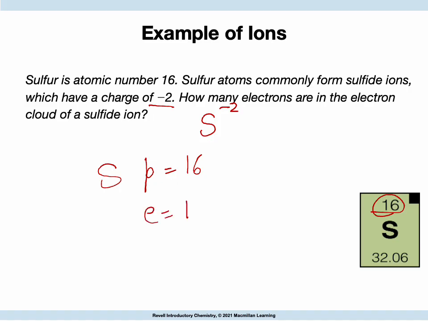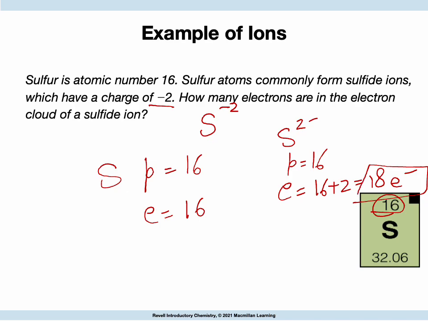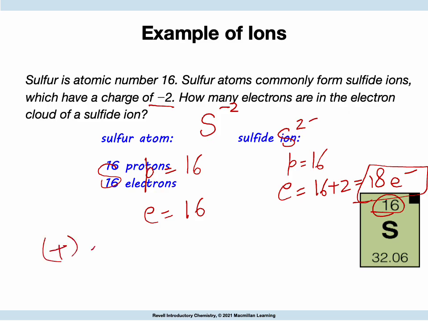Number of electrons would also be 16 because it has no charge, but because it is S2 minus, the protons are 16, it has gained 2 extra electrons, so it becomes 16 plus 2, 18 electrons, and that would be your final answer. So remember, for every positive charge you lose an electron, for every negative charge you gain an electron.